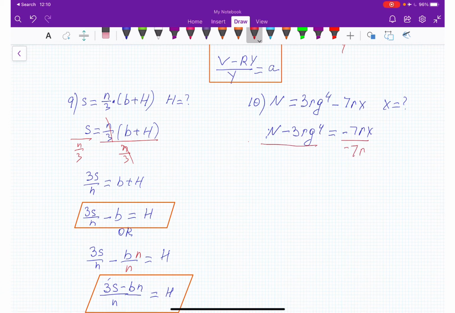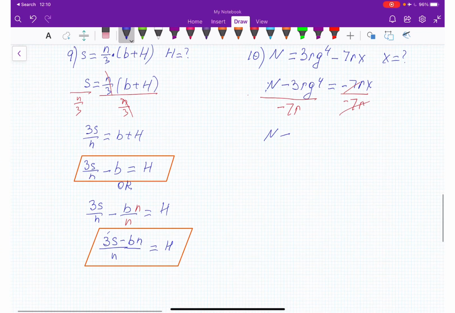Canceling here, I'm getting n minus 3rg to power 4 over negative 7r.